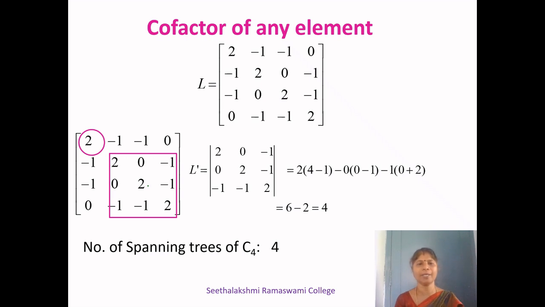We get the submatrix [2 -1 0; -1 2 -1; 0 -1 2], whose determinant value is equal to 4. Therefore, the number of spanning trees of this C4 is equal to 4. If we take any other element instead of 2, we get the same value, 4.